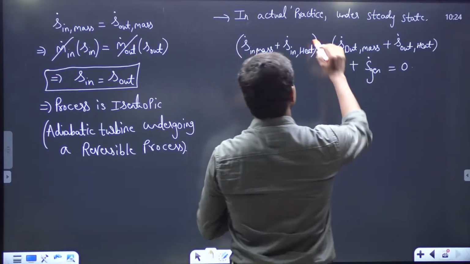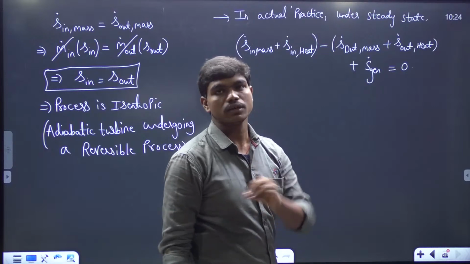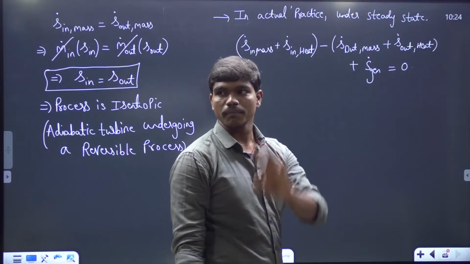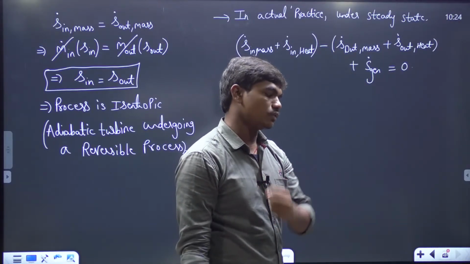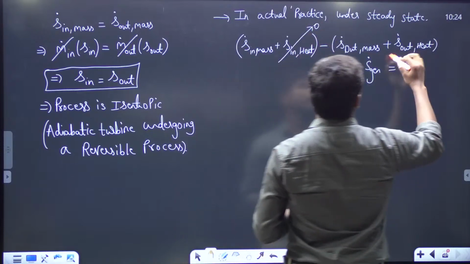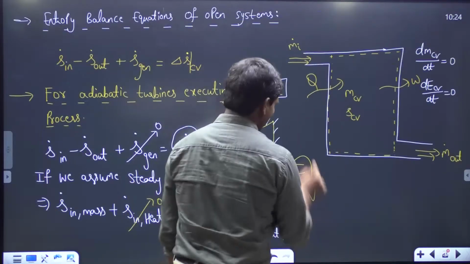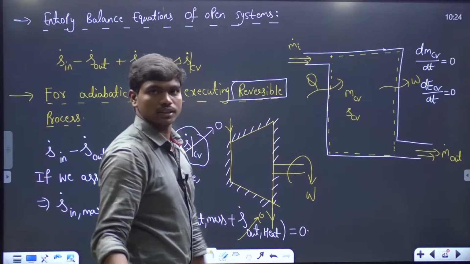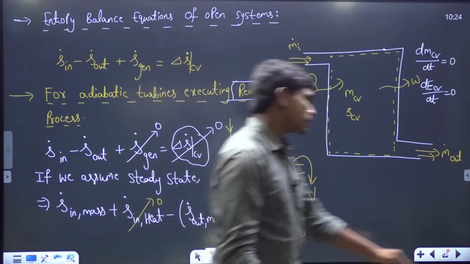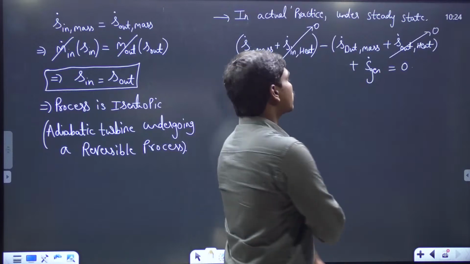Since the turbine is well insulated in practical situations also, even though there will be very minute heat loss from the turbine, we neglect that compared to the enthalpies, which are at very high values. So the entropy due to heat in and out are both 0, because the turbine is very well insulated in actual practice too. If you don't put good insulation, heat inside the turbine tries to escape, so to avoid that we insulate.